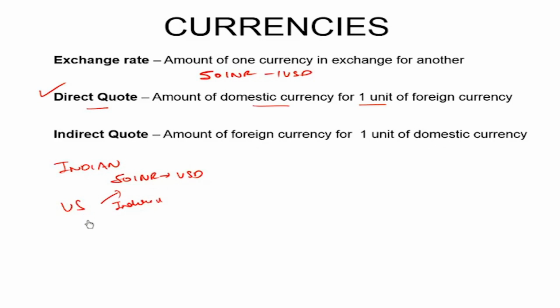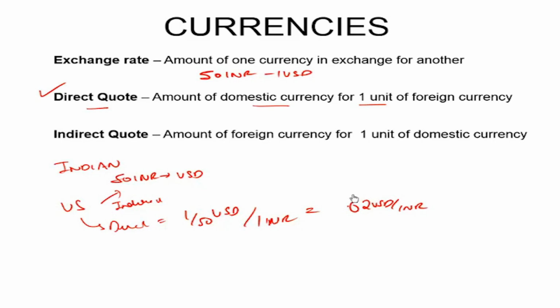For a US citizen, a direct quote would be 1 upon 50 USD for 1 INR, or it would be 0.02 USD per INR. This would be a direct quote for a US citizen and an indirect quote for an Indian citizen.